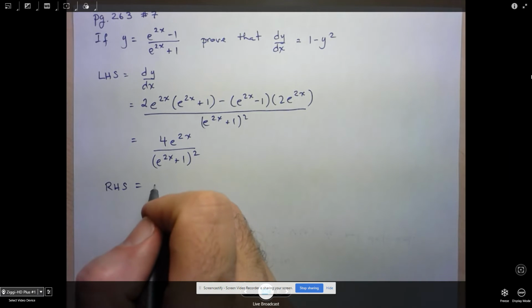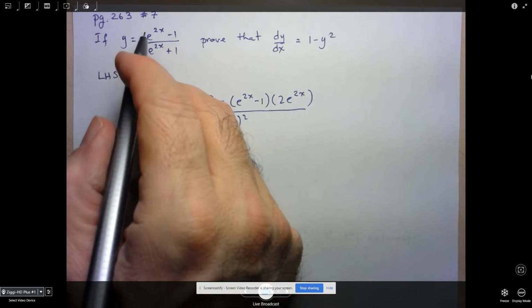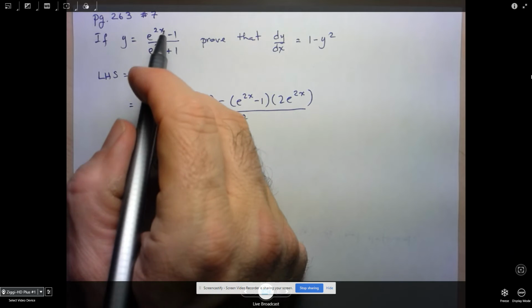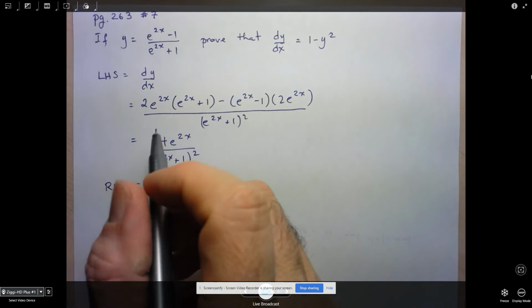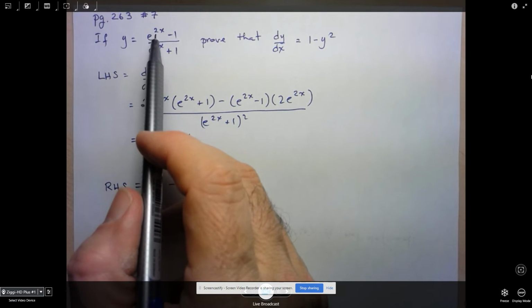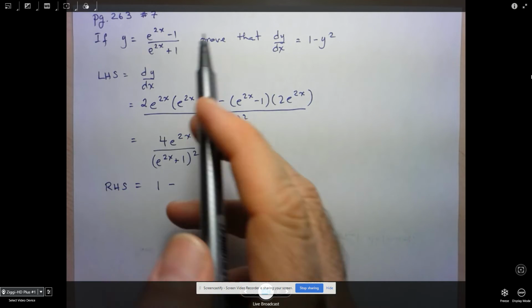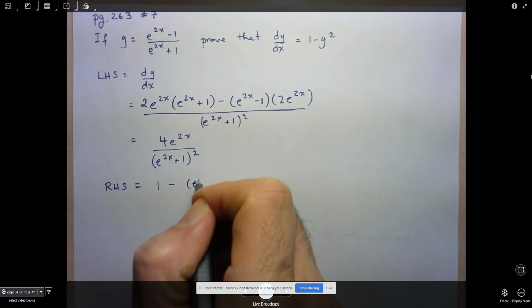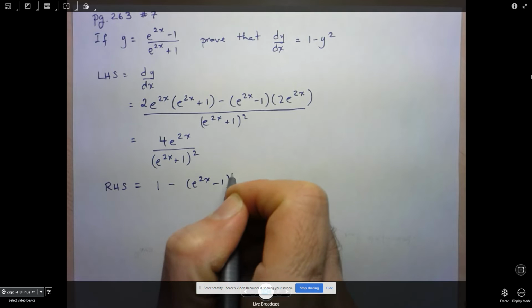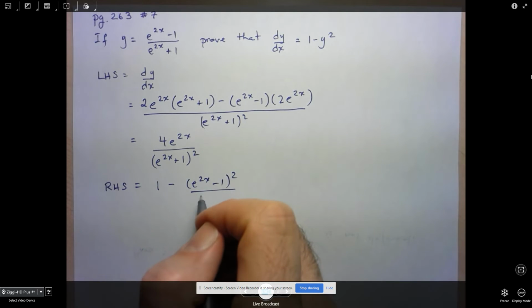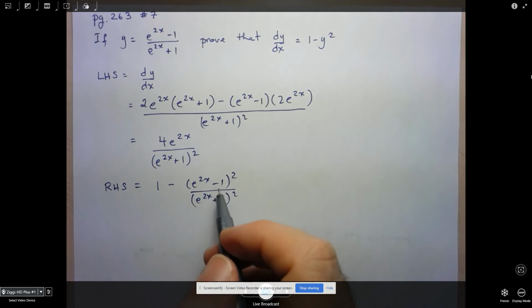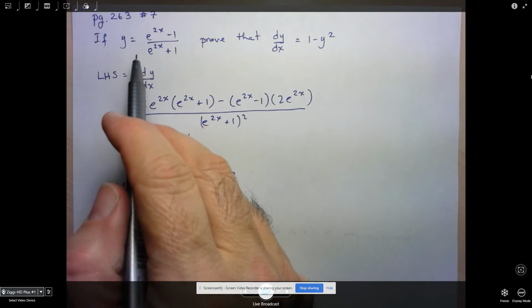All right, so I have 1 minus y squared, and y squared is going to be just the square of this function here. Now, in order to be able to work with it, I'm just going to, right off the bat, square both numerator and denominator. So I'm going to write this as e to the 2x minus 1 squared all over e to the 2x plus 1 all squared. Okay, this is just equivalent to squaring the whole expression.